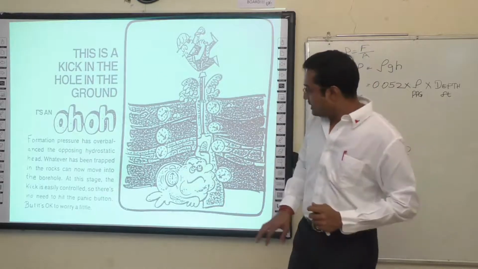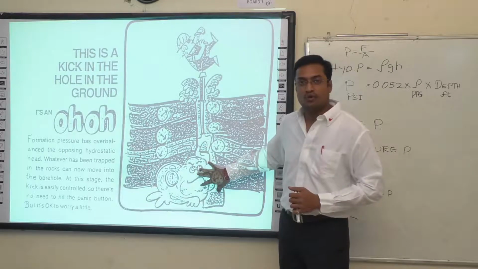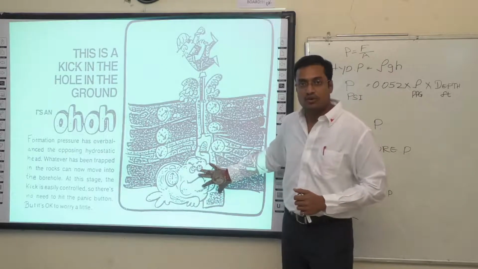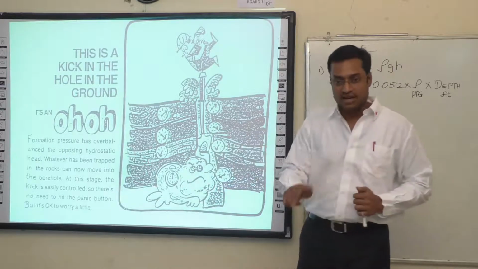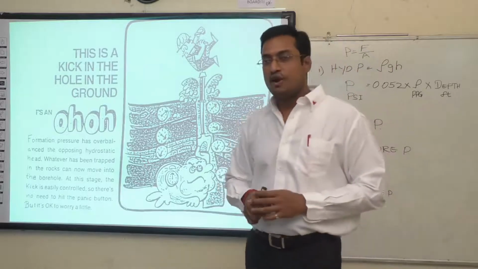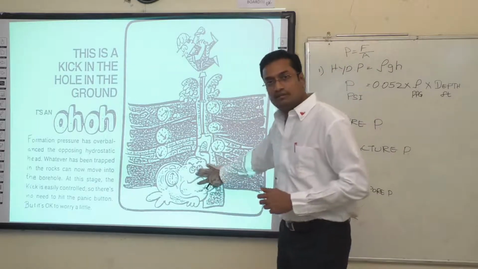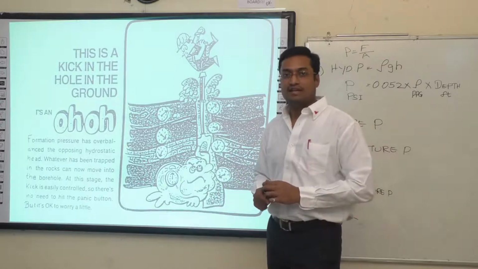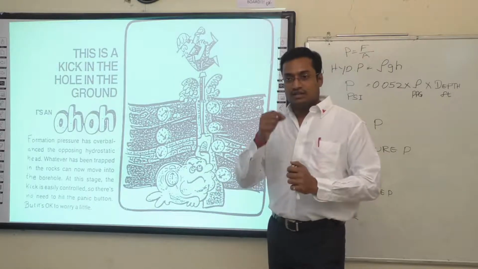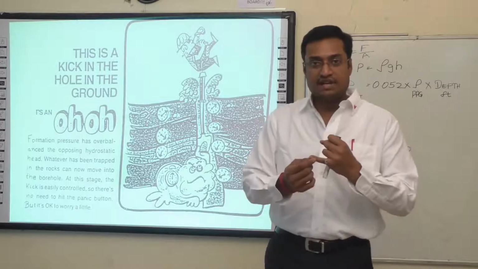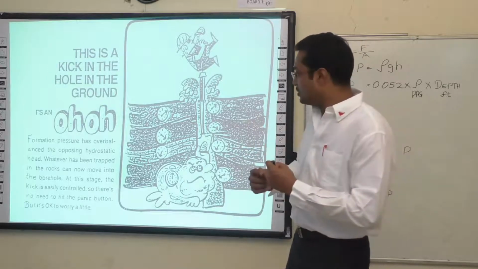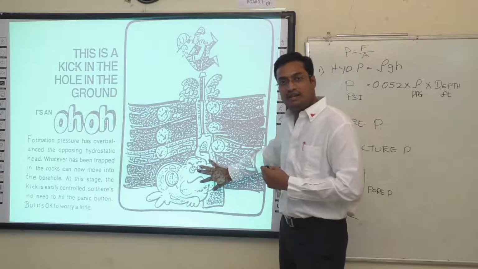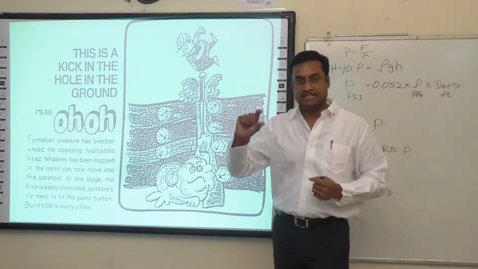So when the kick enters into the wellbore, a new person entering into the wellbore will stop us from drilling again. So you have to identify the kick, the situation that has happened, and control it. The quicker you identify the kick and the quicker you control the well, the non-productive time is less.